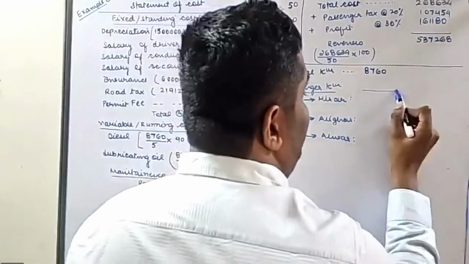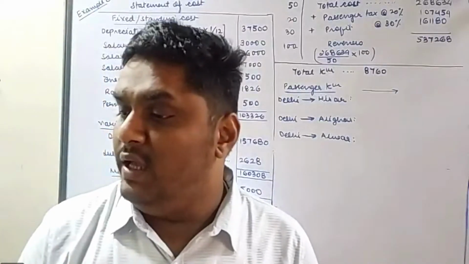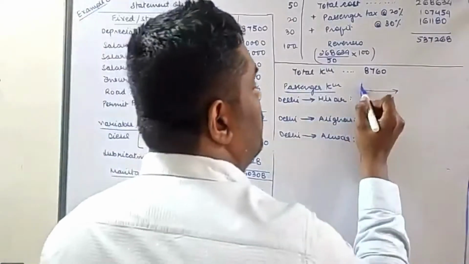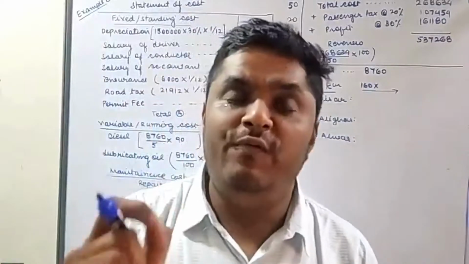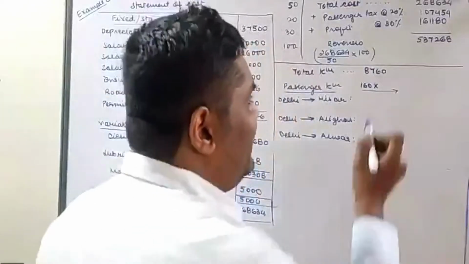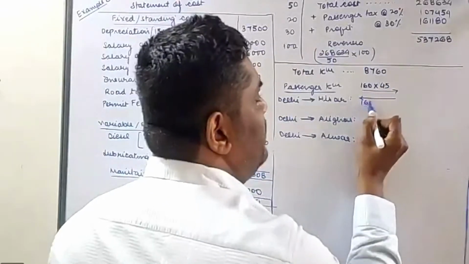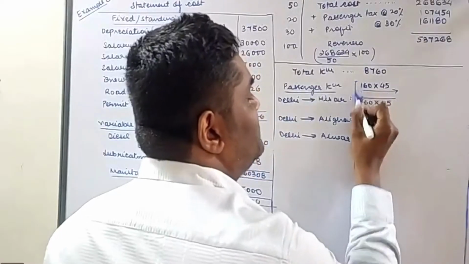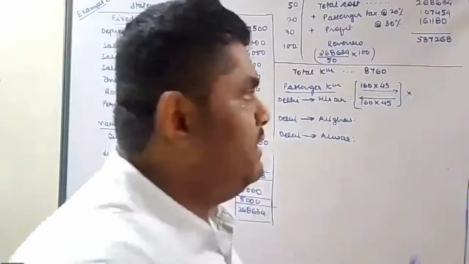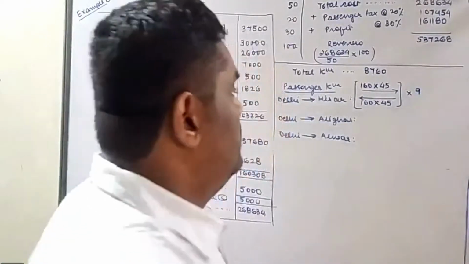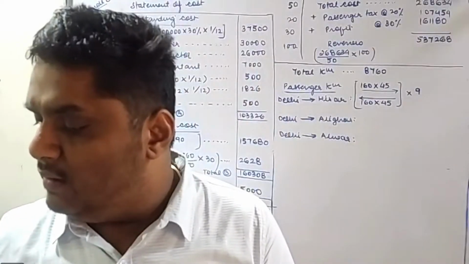So again, the same way, very simple, guys. 160 kilometers carrying how many passengers? See, the occupancy is how much? 90%. So 50 into 90%, that is 45 passengers. And in the return journey also 160 kilometers with 45 passengers. Into how many times in a day? How many times in a month? 9 times in a month. The same goes with Aligarh, wherein the occupancy is 95%.